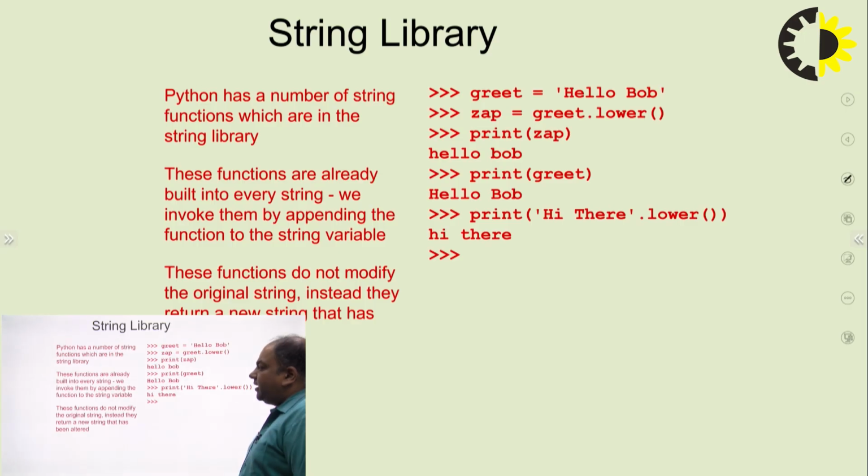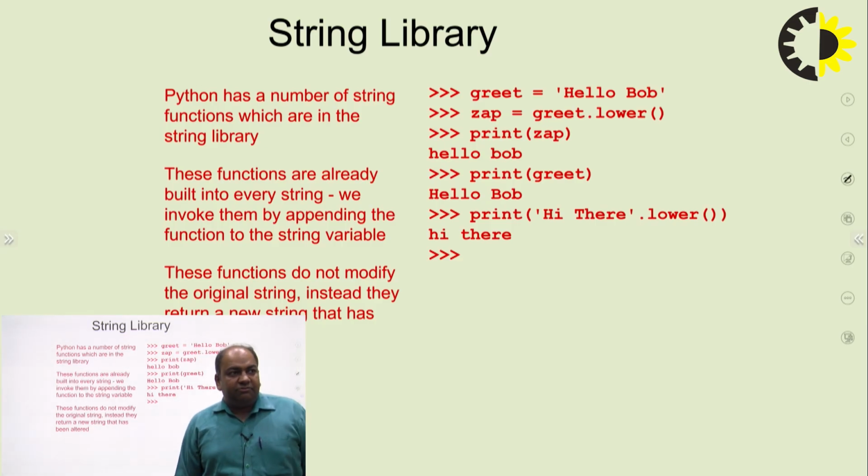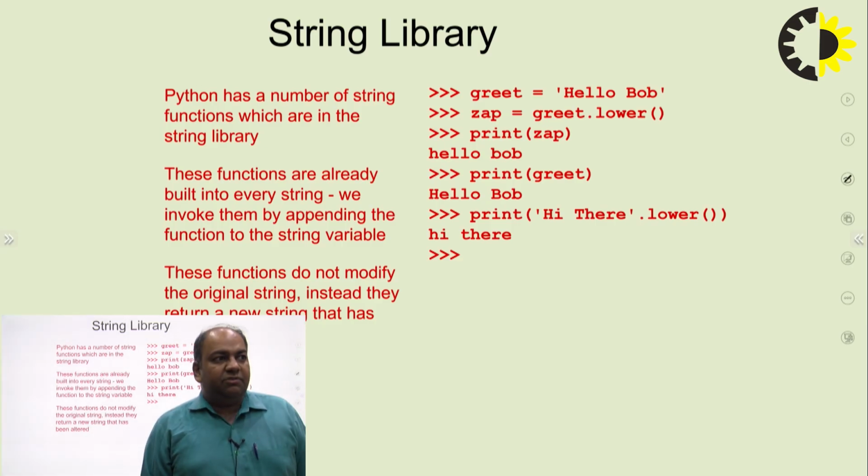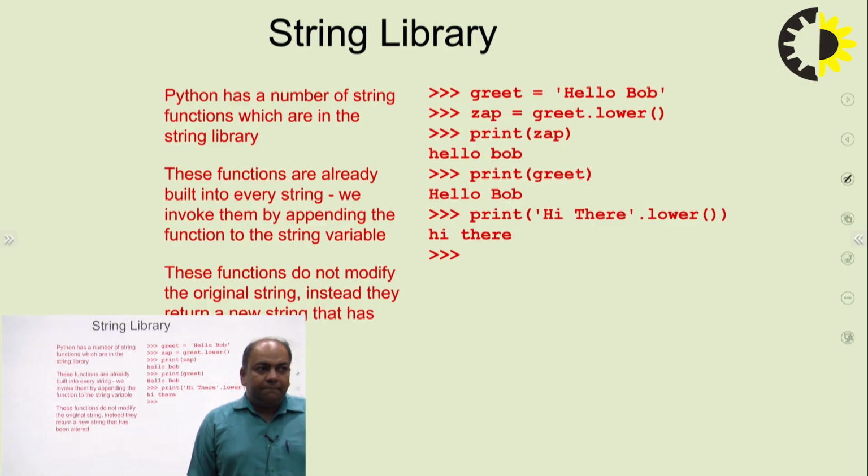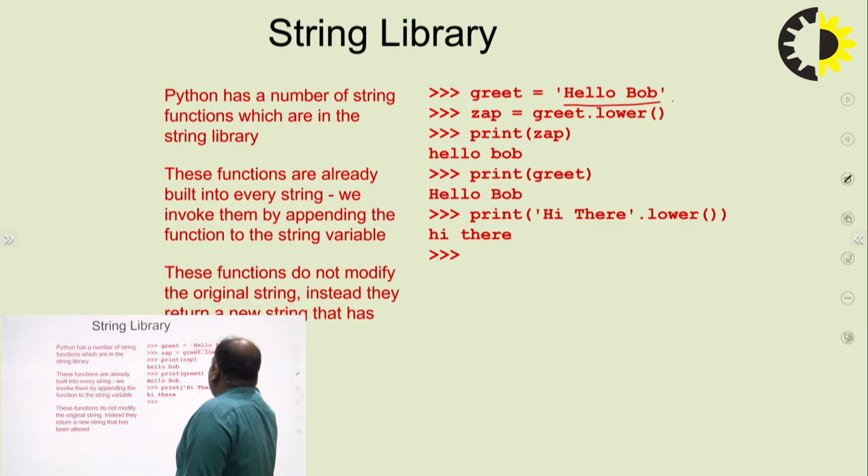So the string library, in the string library we have some words like zap, greet. What are they doing? The Python string library has a number of string functions. These functions are already built into every string, and they do not modify the original string. If we have hello Bob and we want to print it, we just print greet.